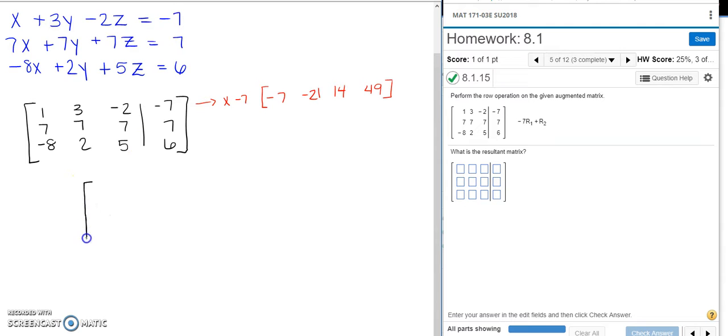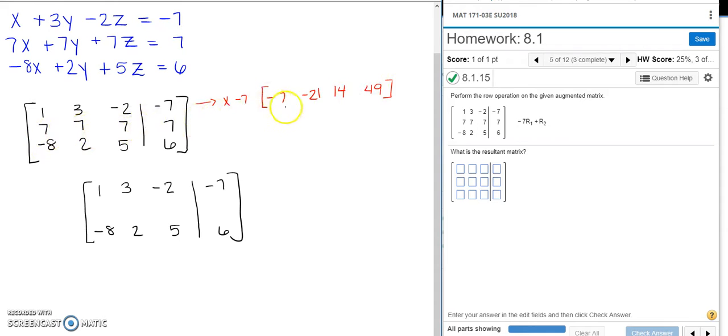So the other two rows don't change. When we add this to row 2, it is going to be the only row that's changing. So I usually just write down the other rows so I don't mess anything up.